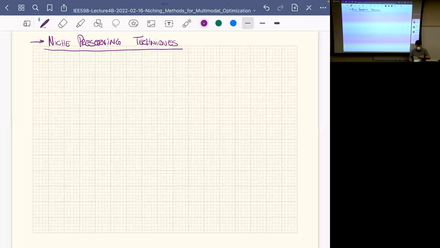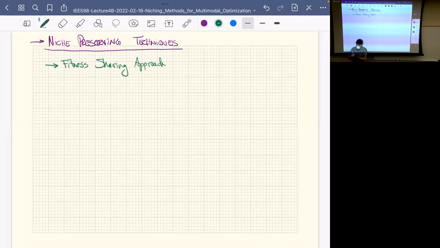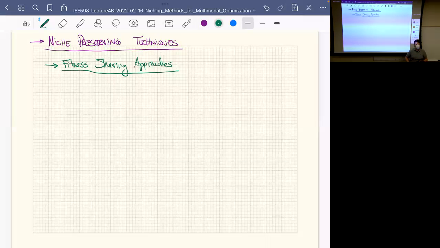We've already talked a little bit about fitness sharing approaches, so let's go a little farther in talking about the implementations of fitness sharing approaches. As we talk about these different niche preserving techniques, I want you to be thinking: these might be clever ideas, but how practical are they computationally?